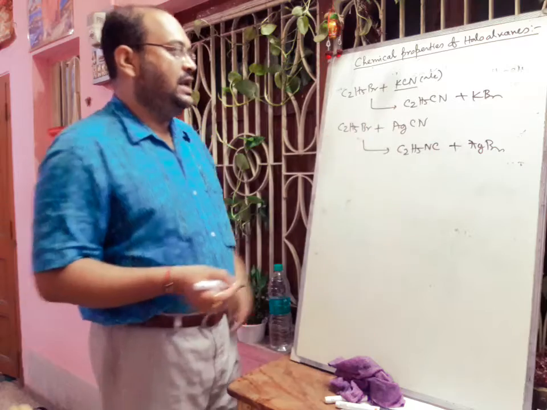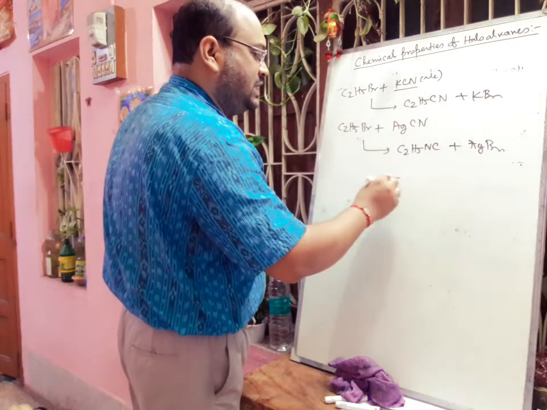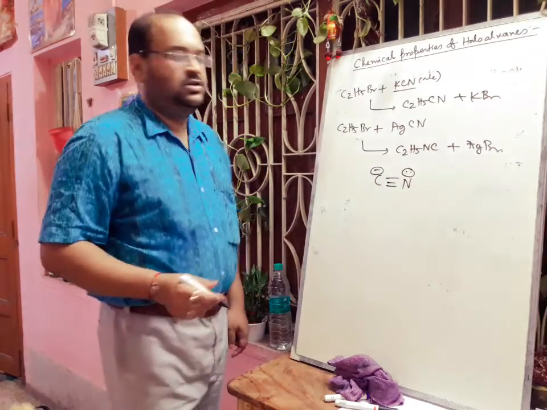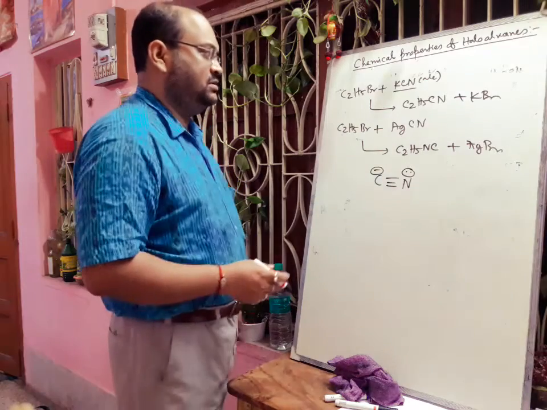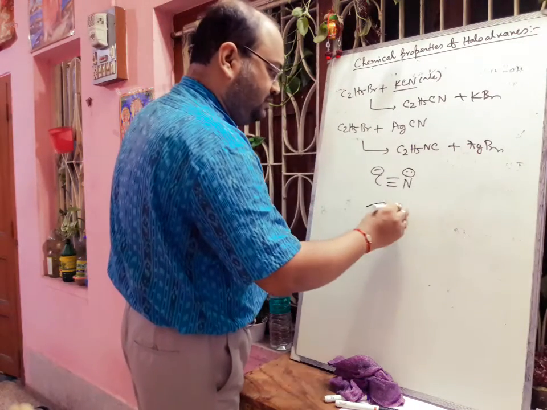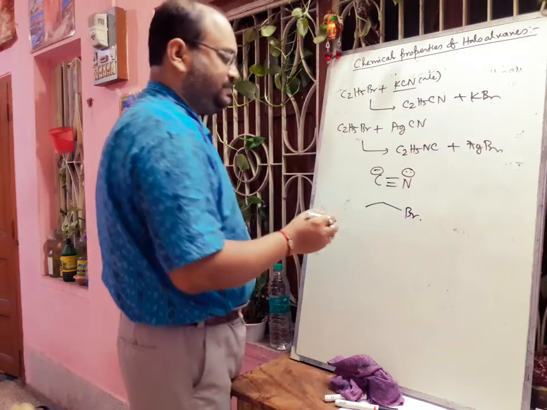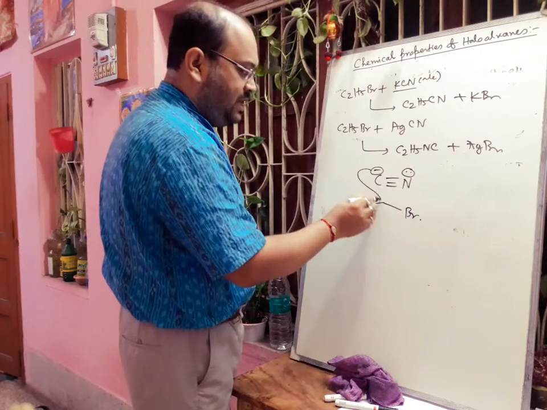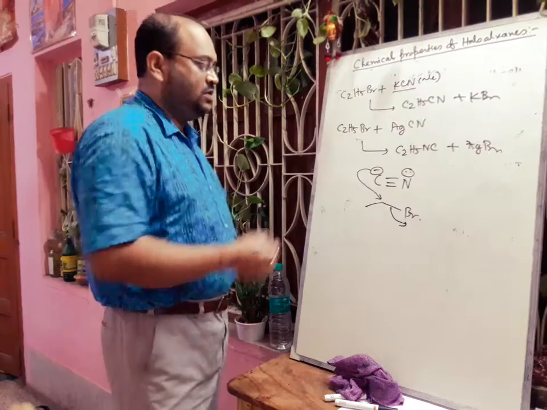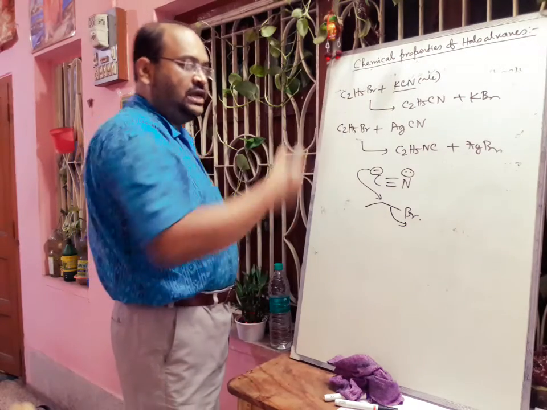Now here, if we see the structure of cyanide, we can understand it is an ambidentate nucleophile. So it can attack from both sides. Whenever we are using potassium cyanide with ethyl bromide, the C minus attacks here and Br leaves, because potassium cyanide is an ionic compound.